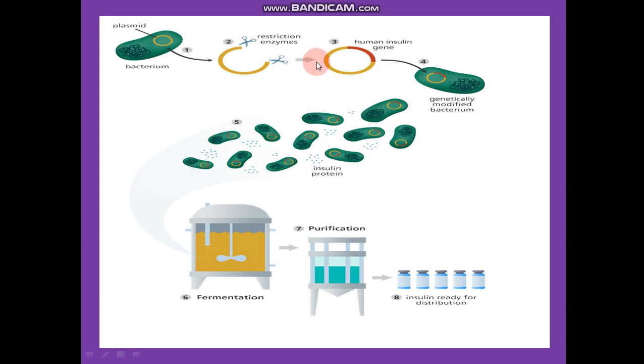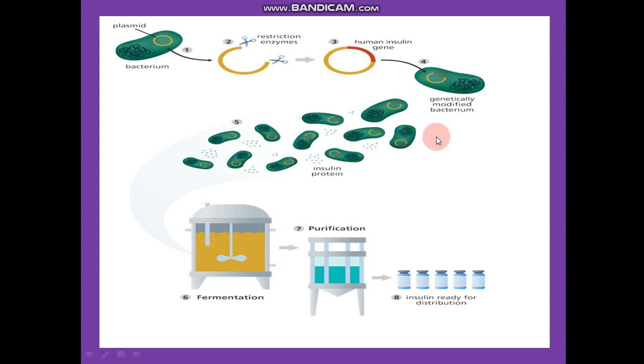Now after we have cut with the restriction enzymes, we have incorporated, see here, the red one. This is the human insulin gene. We have found this gene in the human genome, and we understood that this particular gene portion is important for insulin production, so we have taken it out.